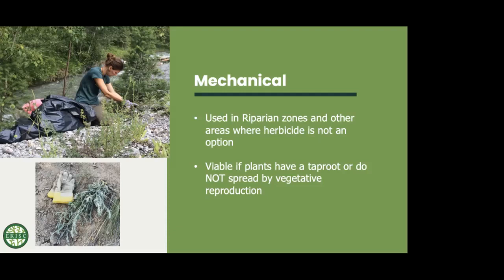So some plants have this, and if they do, they're an easy plant to pull. You also have to be careful with mechanical pulling if the plants spread by vegetative reproduction, because as we talked about before, if you're leaving even a little fragment of a root, it can grow a new plant. So good thing to be careful about.